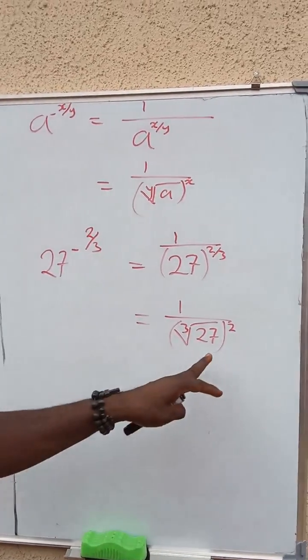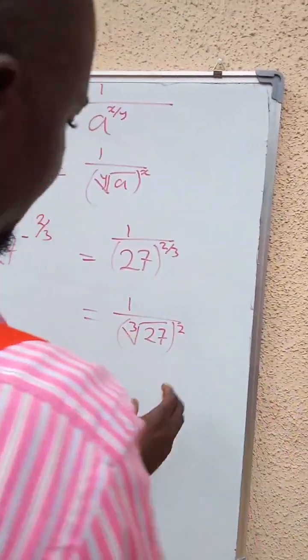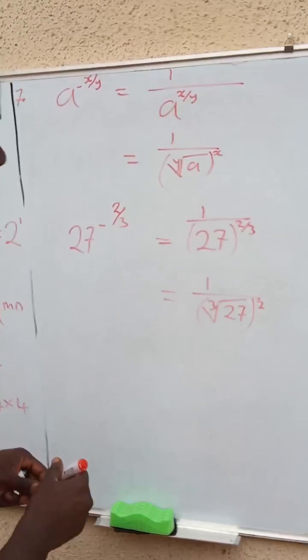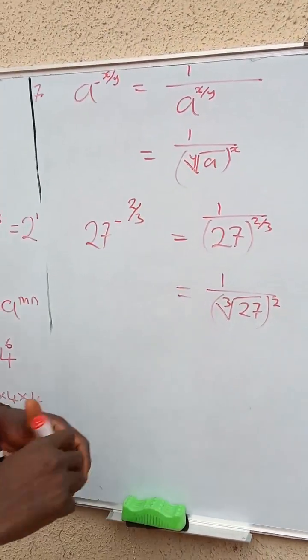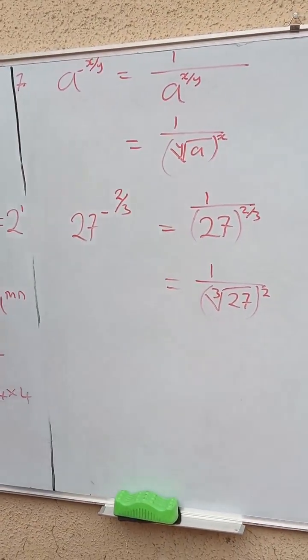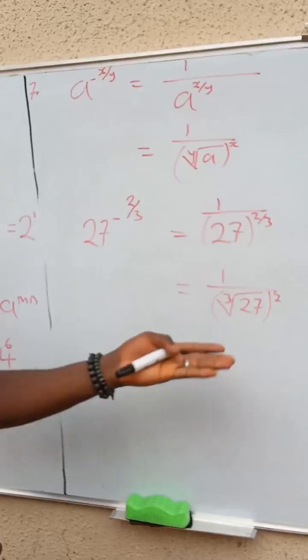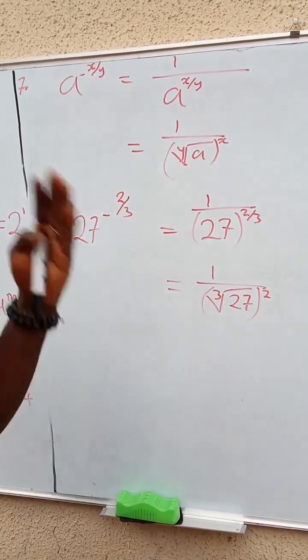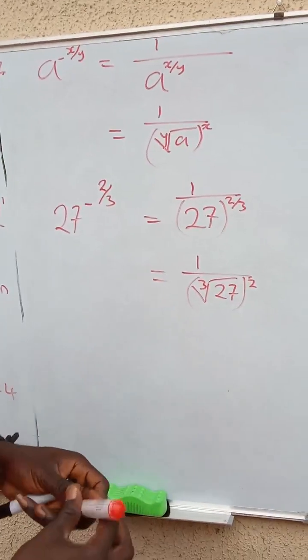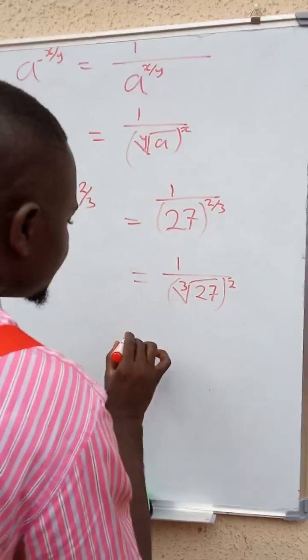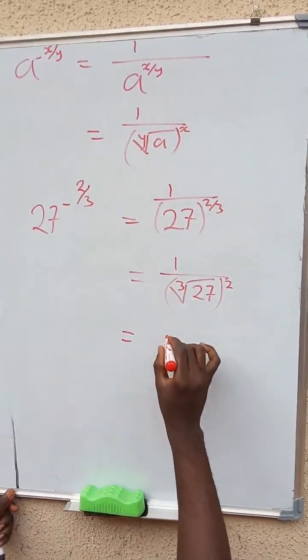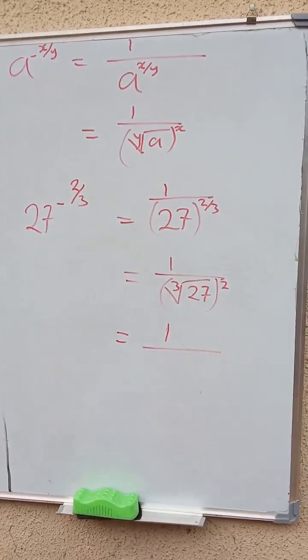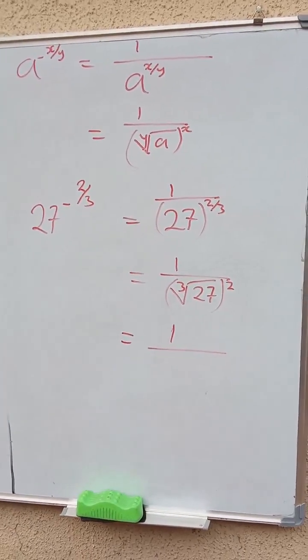Now 27, if I have 27 in this form, I thought that the cube root is the same thing as what? 1 over 3. Because that will make you do it faster than start looking for what to use. Try to break it down. This is the same thing as 1 over, 3 times 3 is 9.